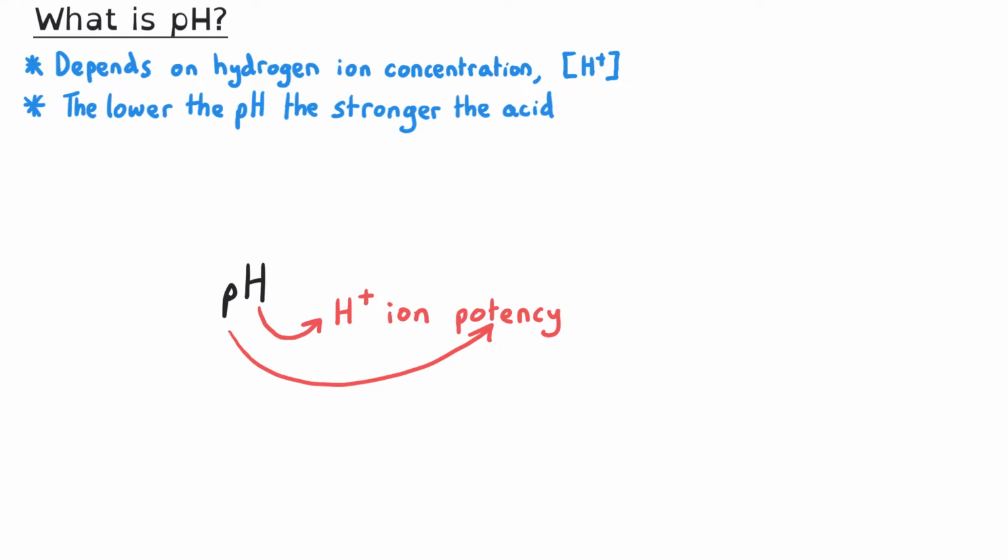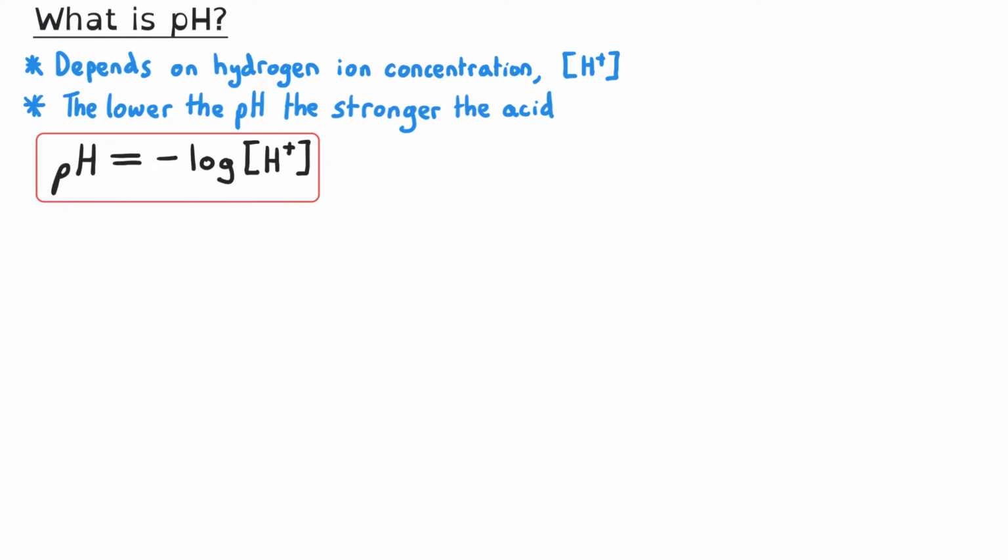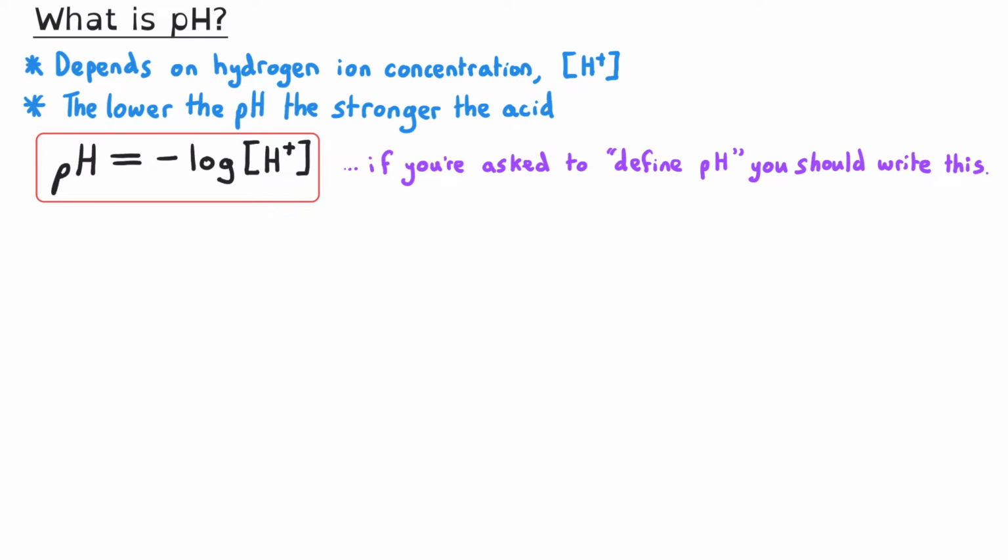You can calculate the pH of a solution by taking the negative log of the hydrogen ion concentration of that solution. This is an incredibly important equation. And in fact, if a question asks you to define pH, they really just want you to give back this really important equation that's here in the form as I've written inside the box.